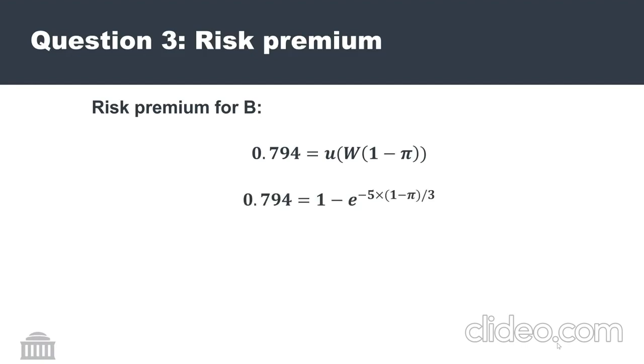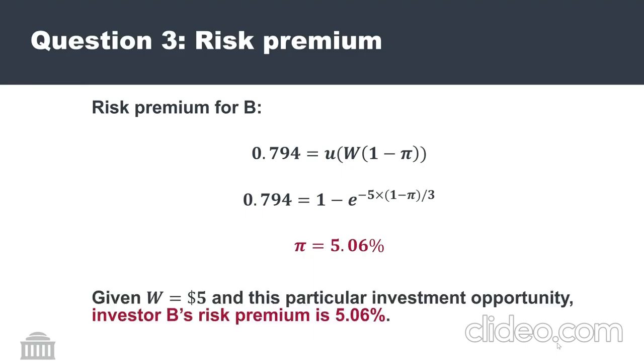Plugging this in gives us this equation, which we need to solve for pi. Solving this equation for pi gives us 5.06%. And so, given the wealth of $5, this investor right now has a risk premium of 5.06%.